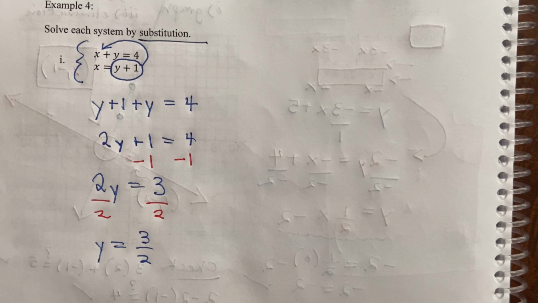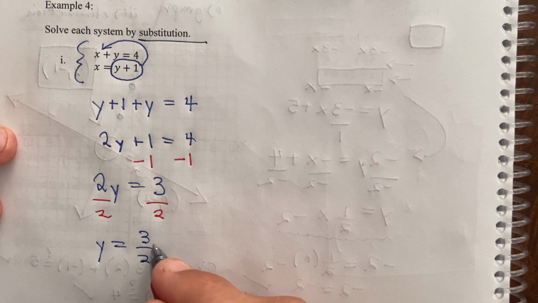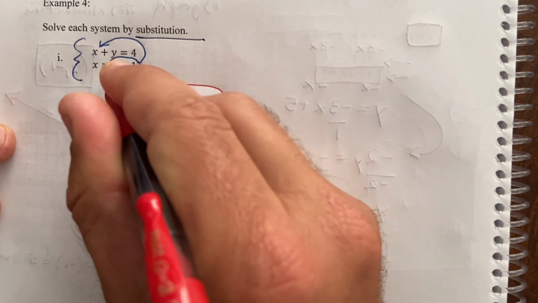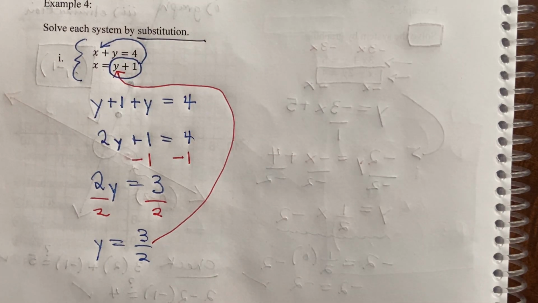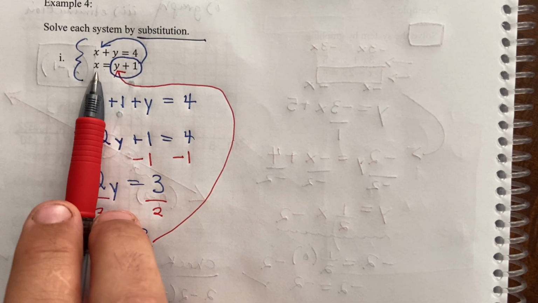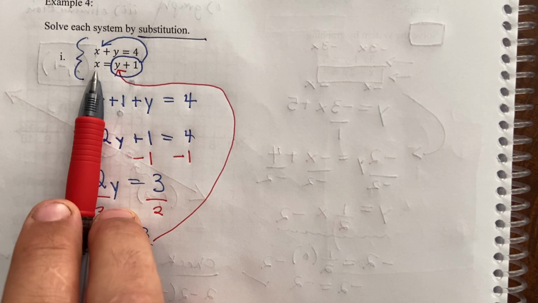And then what do we do with it? One option is we can now take this y and plug it in right there for y. Why? Because then we could just add 1 to it and we quickly get x.